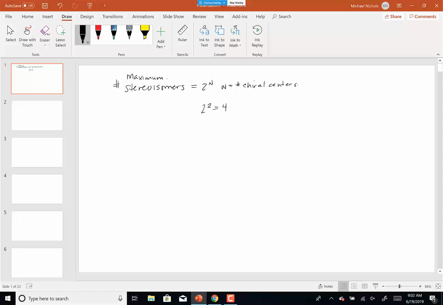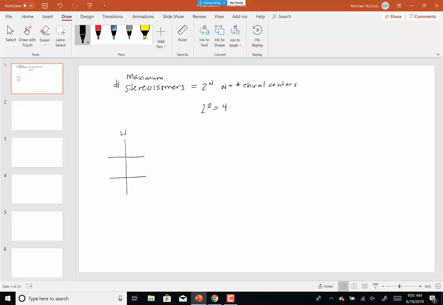So let's do an example of that. Let's draw a molecule with 2 different chiral centers, and then let's write all 4 possible molecules. We're going to do this in the Fischer projection.